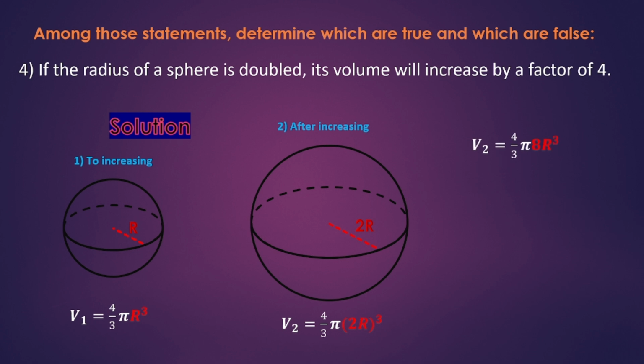We get that V2 equals 4/3 pi 8r cubed. Now we divide V2 by V1 and we will have the ratio of the 2 spheres as 8:1. So V2 equals 8 times V1. Therefore, the volume of the sphere has increased by 8 times. So the answer is no.